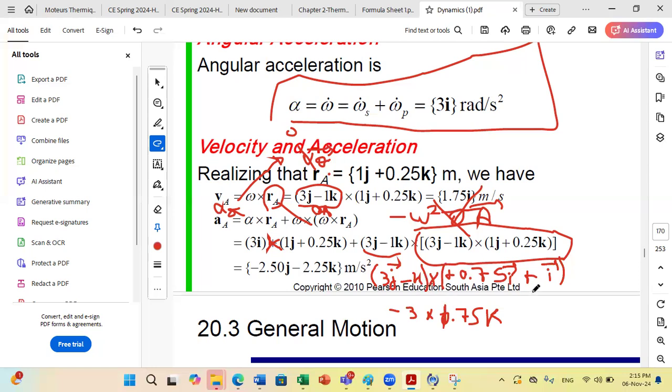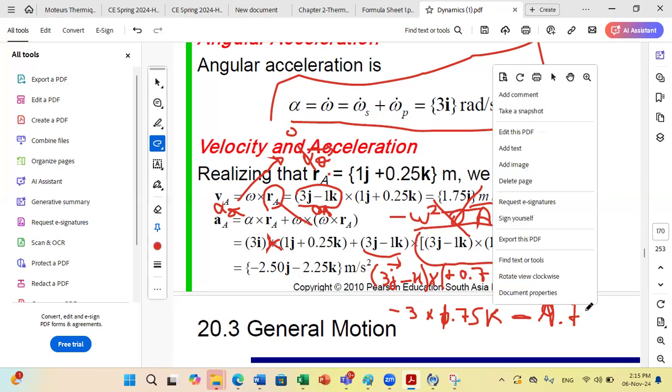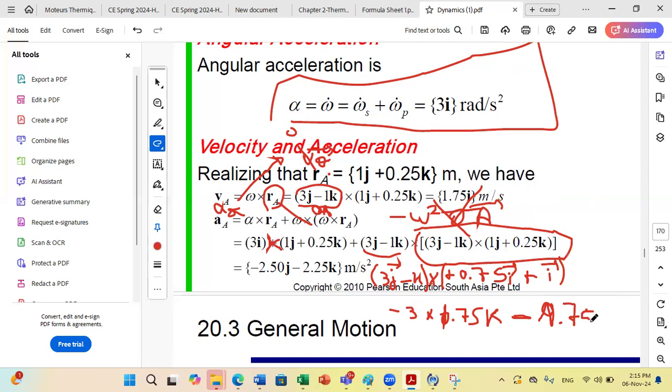And k vectorial i is j, and we have a minus, so minus 1.75 times j.